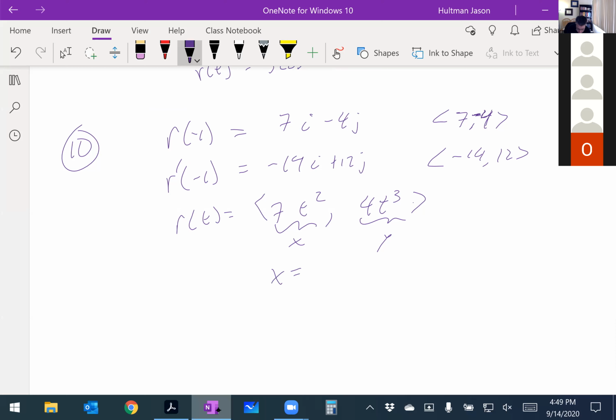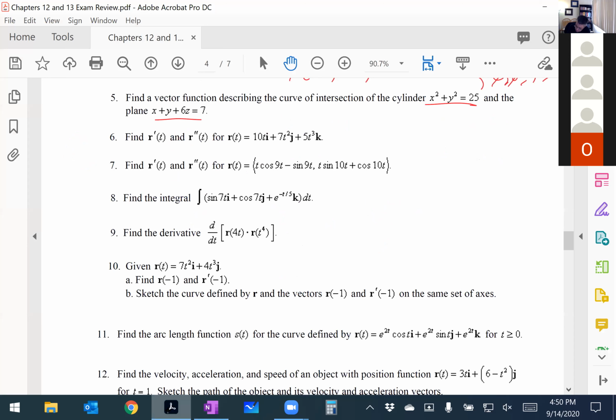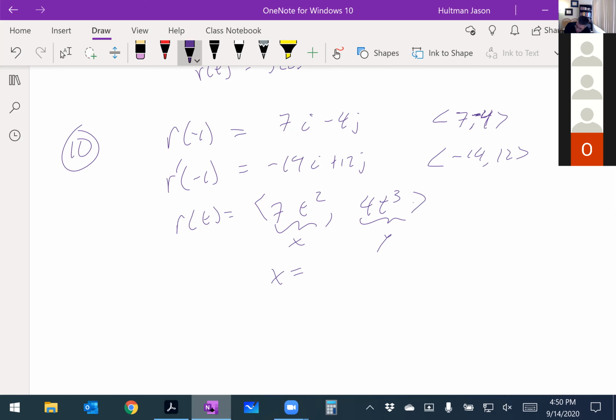So we want to look at what's happening. Does it say sketch the curve or sketch the vectors? Number 10: sketch the curve defined by r and the vectors on the same set of axes. Okay, so I'm going to kind of cheat. We only have two dimensions here, the x dimension and the y dimension. I'm going to say x is equal to 7t squared.